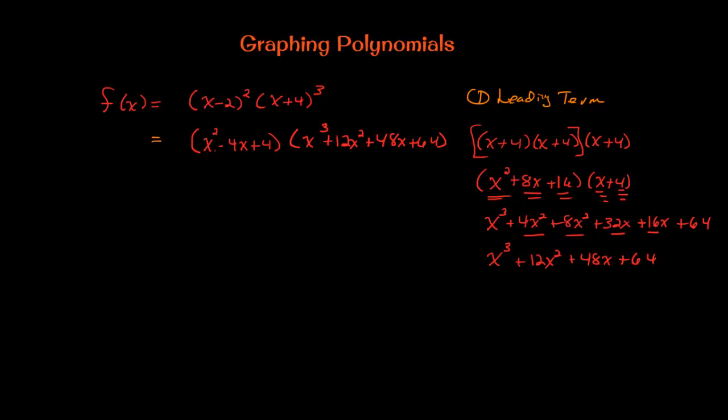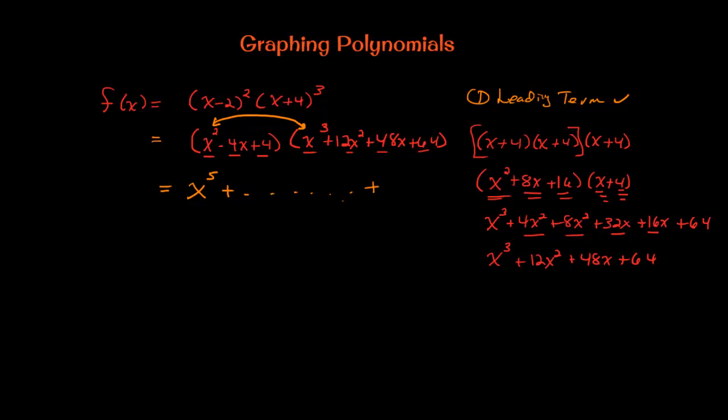Notice, if we were to multiply every single one of these terms together, our most important one when it comes to leading term analysis is our leading term, the term with the largest degree exponent. If I multiply this together, first I would have x squared times x cubed, which would give me x to the 5th. I don't care about all the rest of those for leading term analysis.